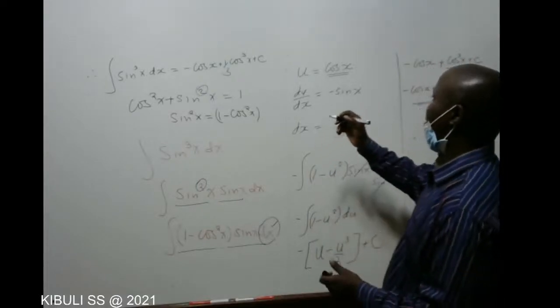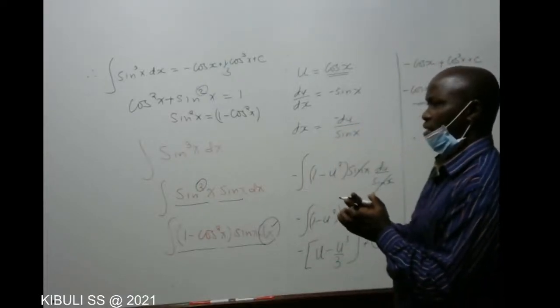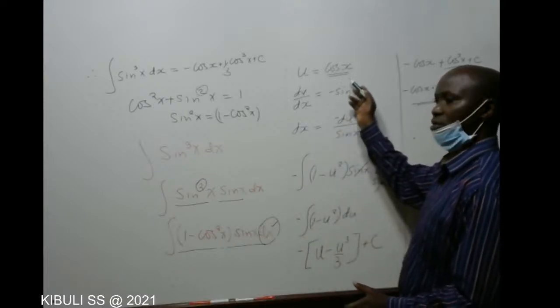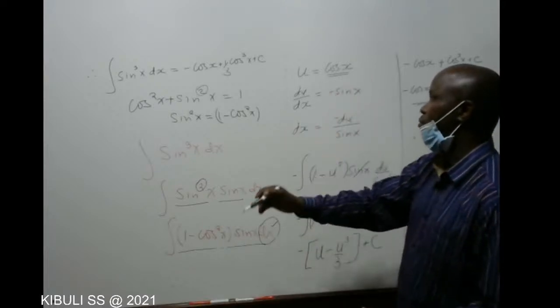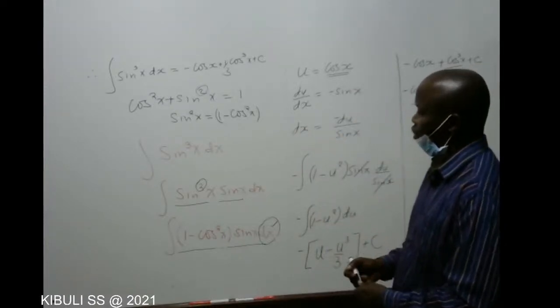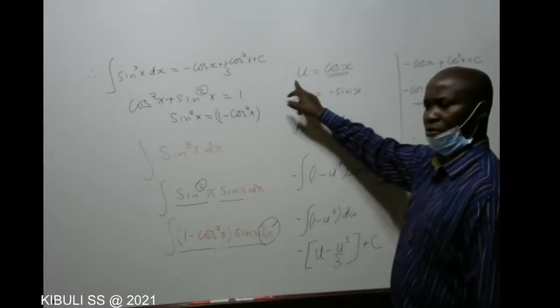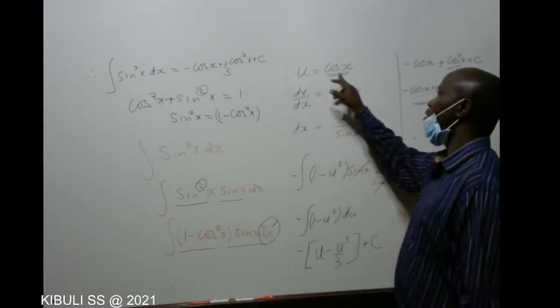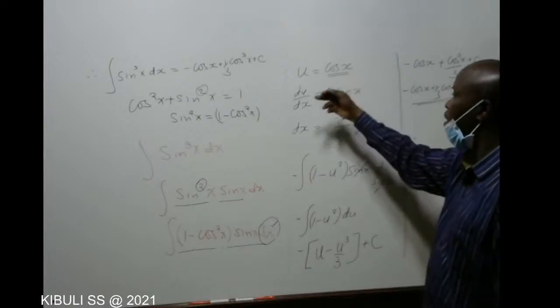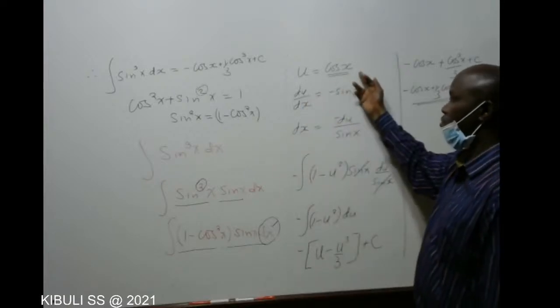Our function is now the major subject, so we shall now substitute for the function, which is cos. So we shall say let u represent the function which is cos x.